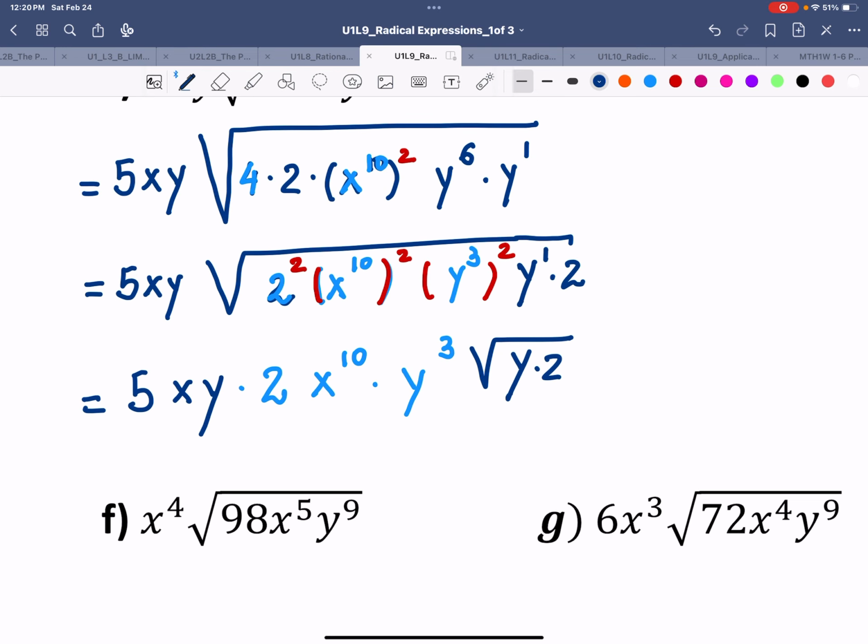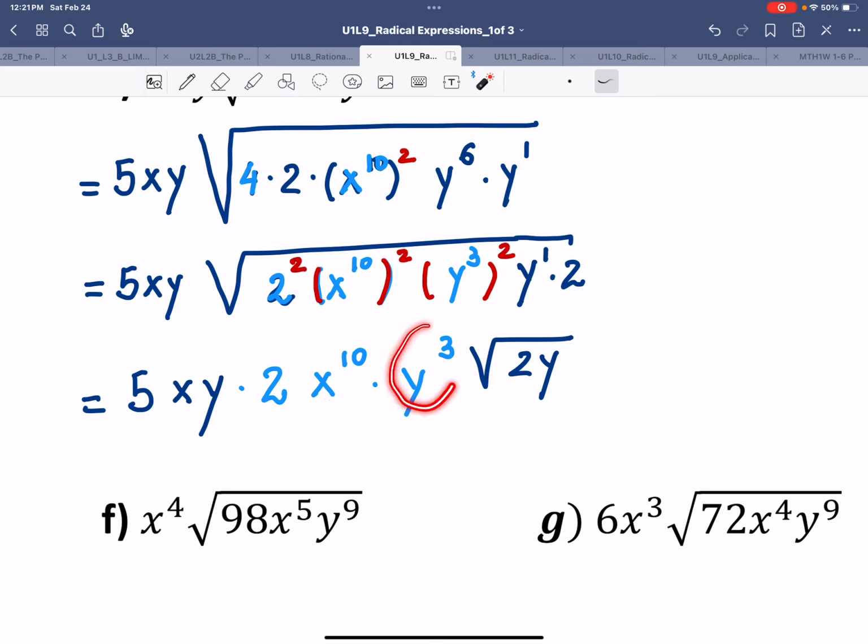I'm going to write it as 2y because it looks nicer and makes more sense. Okay, so as you can see in here, we took out an x to the power of 10, which will be positive for any real number x, which means that this will be safe to sit here without an absolute value symbol, so we don't need to make it positive.